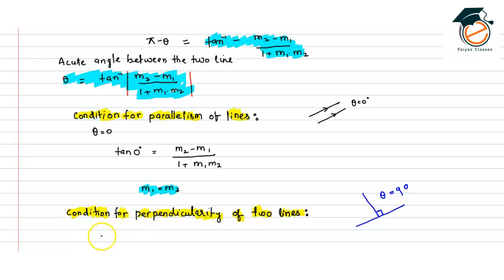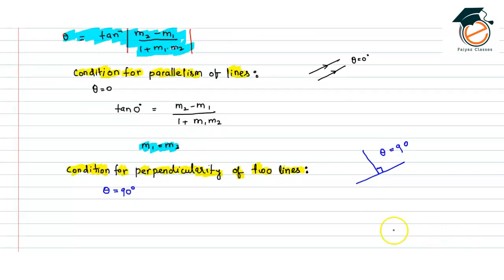So we can write theta is equal to 90 degrees, and tan 90 degrees is equal to (m2 minus m1) by (1 plus m1 m2).